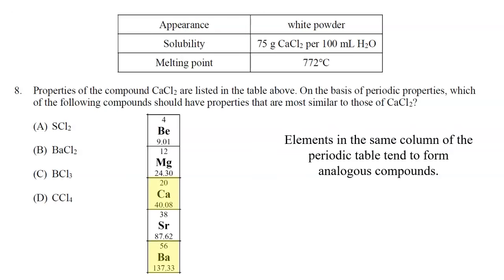And since barium is located in the same column or the same group as calcium, that makes choice B, barium chloride, BaCl2, the compound that is most likely to have properties that are similar to those of calcium chloride. So the correct answer for question 8 is B.